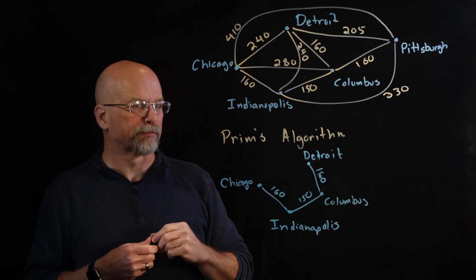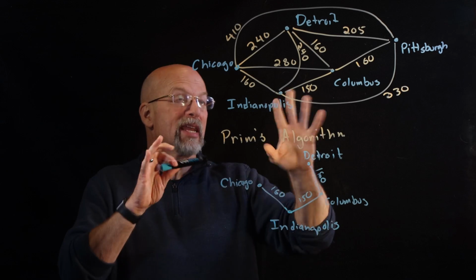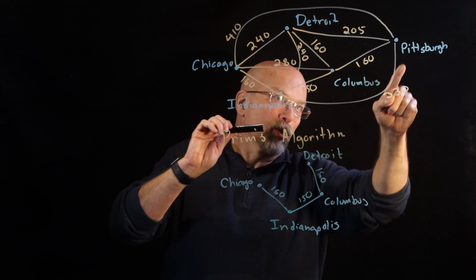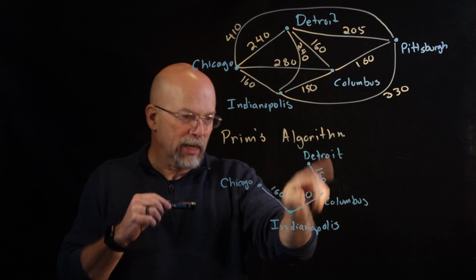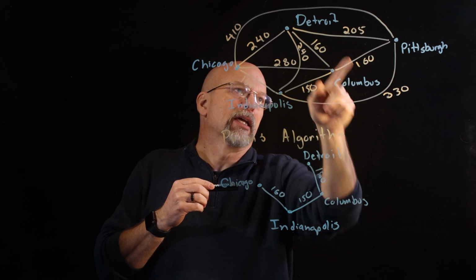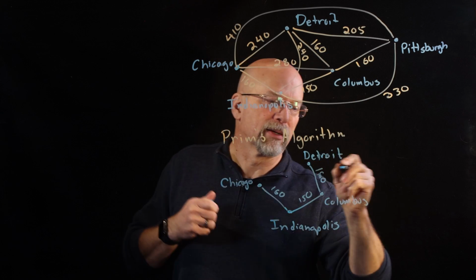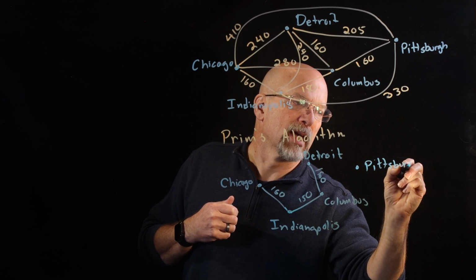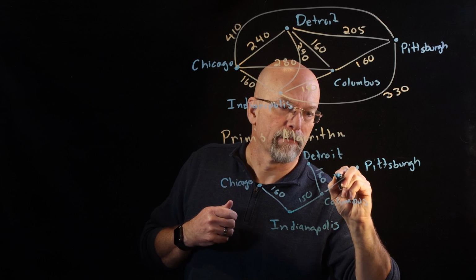So 160. Now I've got 4 nodes, and now let's look at the weight of each of the remaining edges headed to Pittsburgh from each one of the nodes. So we've got 410, 330, 205, 160. So that 160 is going to take us to Pittsburgh. All right.